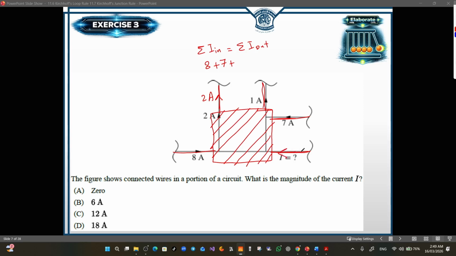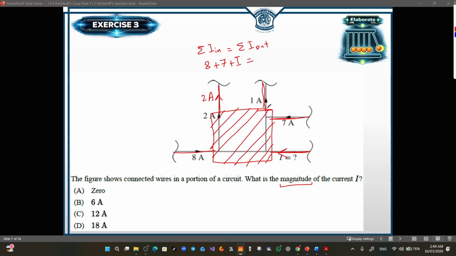We can choose the opposite way; it won't affect the result. However, the final answer may be negative, but since we are looking for the magnitude, the minus sign is just an indication that we chose the wrong direction, and the proper direction will be the opposite way. Now, I will use I as current entering the junction.